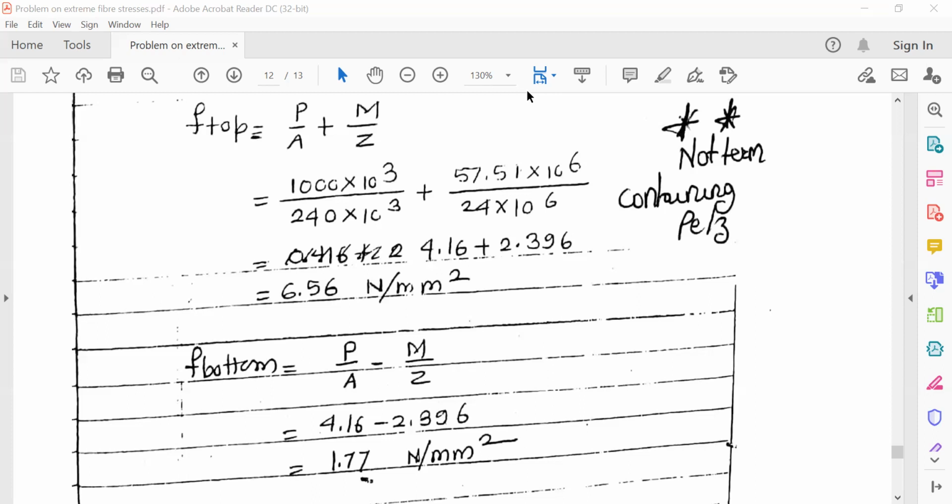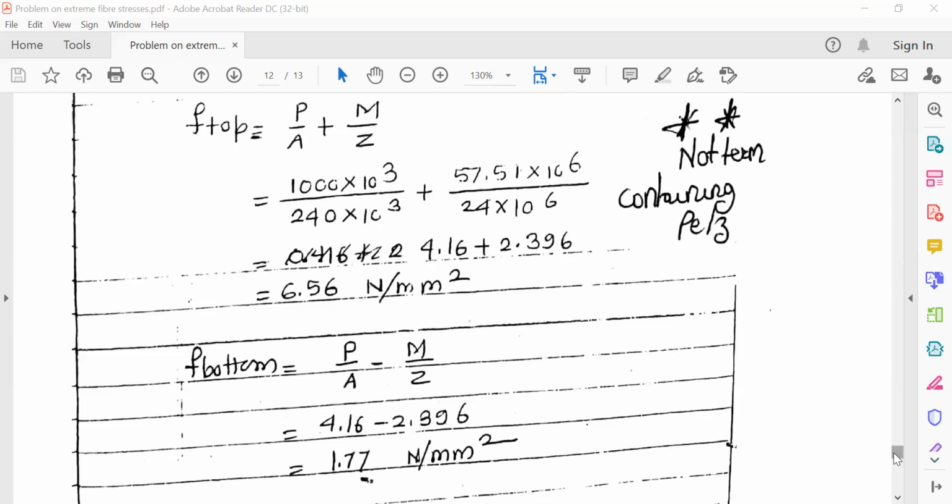Okay, सबको मिली values extreme fiber stresses at the top and the bottom.